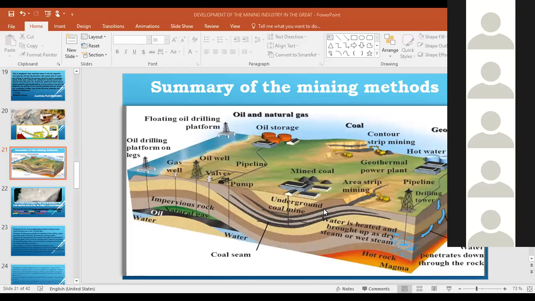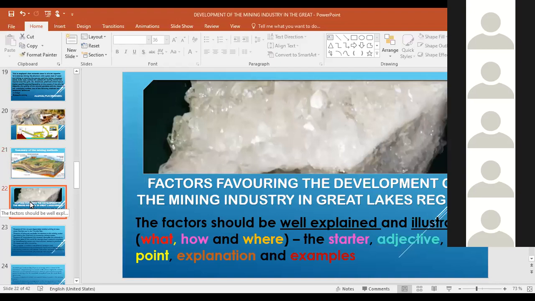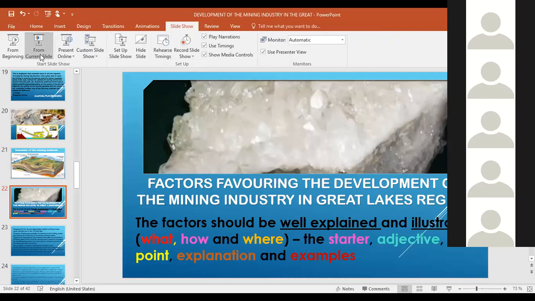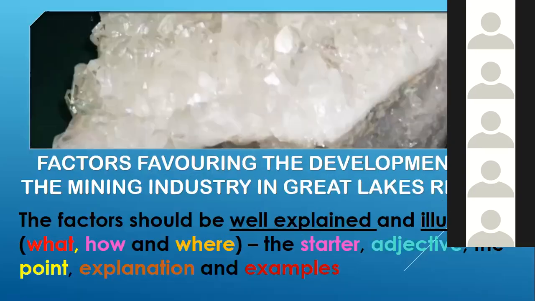Then from there, you're supposed to look at the factors favoring mining. Factors favoring mining, that's what we're supposed to be looking at today. And we are saying that the factors should be well explained and illustrated. Your factors are supposed to contain what, how, where. What is the point, how, the explanation, where, those are the examples.